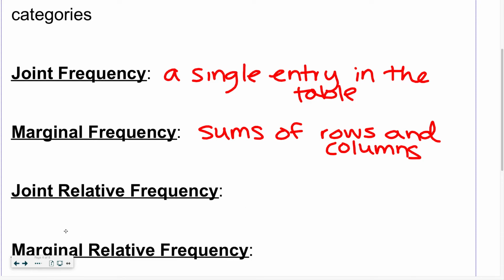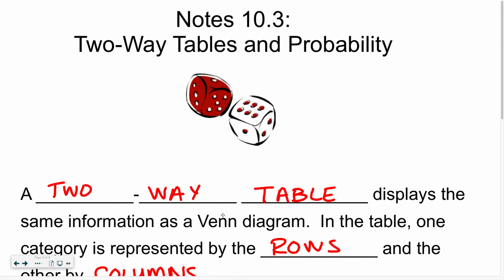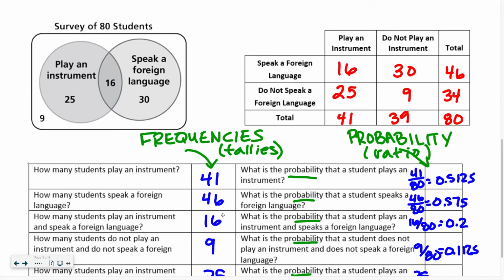So before I get into the relative frequencies, I just want to go back to that two-way table that you guys have already filled out and highlight what's what. In this particular table, your joint frequencies are the frequencies where you're bringing together a row and a column from the two categories. So 16, 30, 25, and 9, these are joint frequencies.